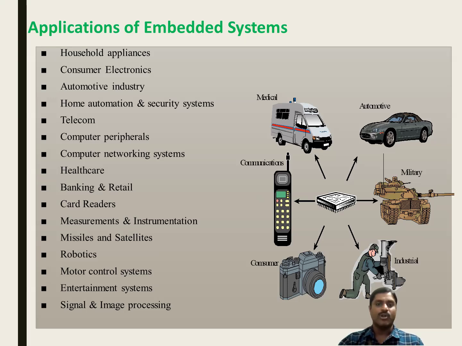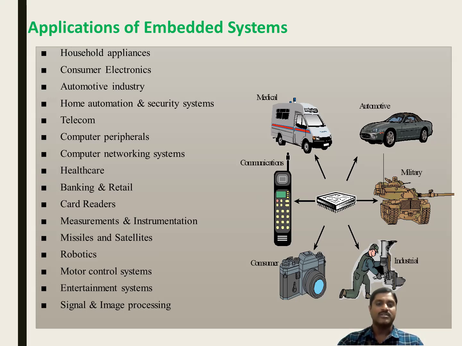Then coming to home automation and security systems, we have the air conditioner, sprinkler system, closed circuit television cameras, and fire alarms, all under home automation and security systems. Coming to telecom applications, we have cellular telephones, telephone switches, handsets, and handset multimedia.